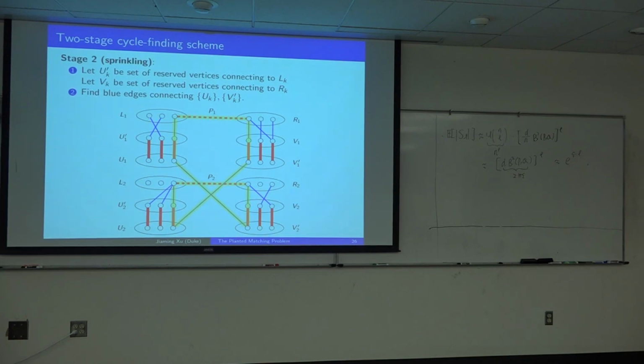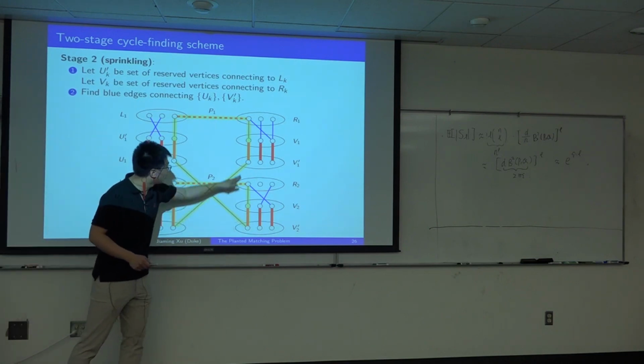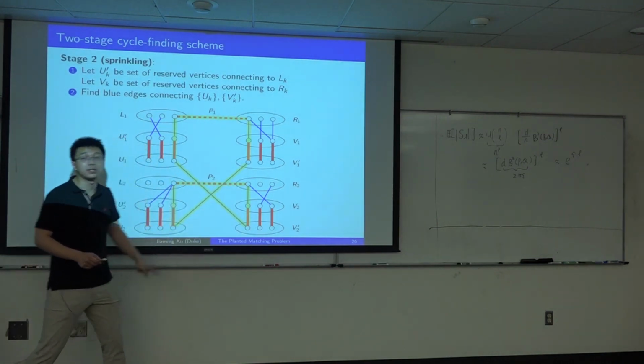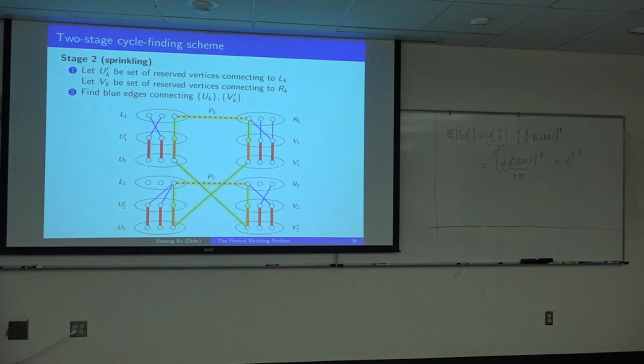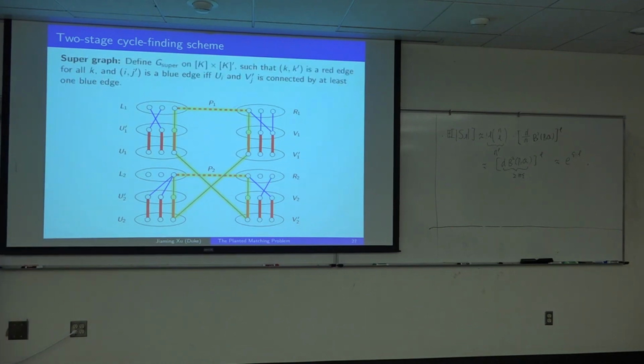Okay. So now the key thing is how you can ensure these long crossing blue edges will occur. To do that, you can simplify this a little bit. We use the so-called supergraph representation.